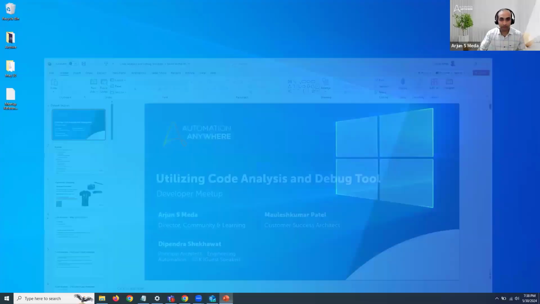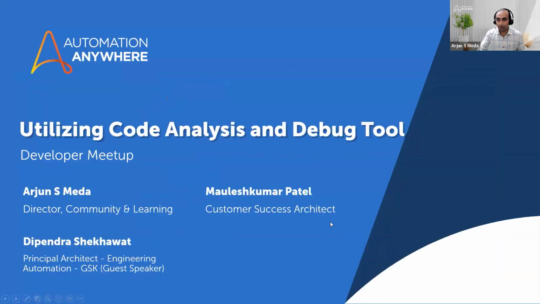I would like to introduce my speakers and also our PMs. I hope you're all able to see my screen. So today our main goal is to talk about how you can use code analysis and the debug tools.